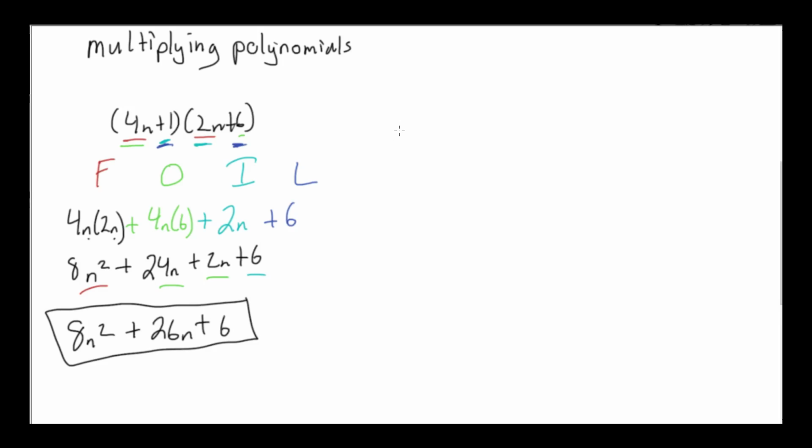Now here's another method we can use, and we're going to use this on the final one too. I'm going to show it to you twice before we move on, but it looks more like traditional multiplying, so it does help a lot of people pick it up really quick. So I'm going to rewrite our original problem, 4n plus 1, 2n plus 6. Let's take a little aside here and say, well, let's say I gave you 4 times 6.